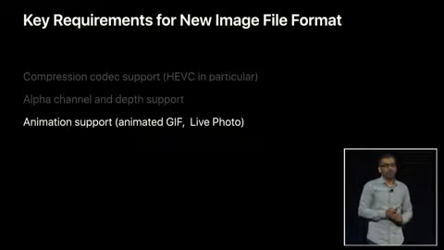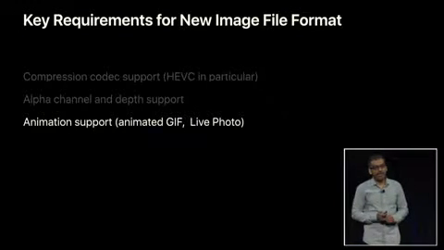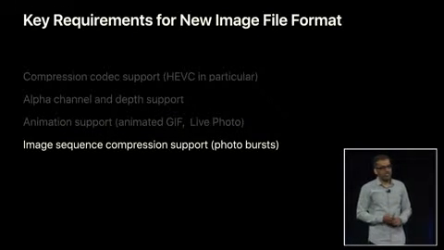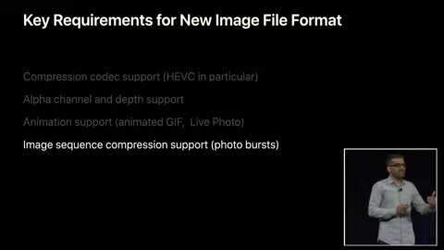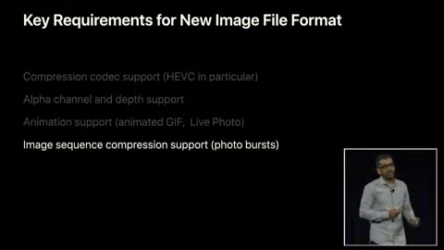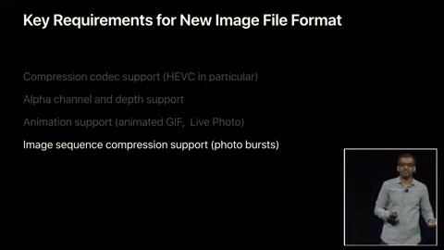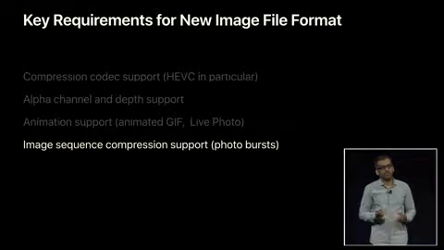We needed support for animation, with animated GIF and Live Photo. In addition to just still image support, we wanted support for image sequences to be able to compress and represent those in a file format, such as what happens when you're dealing with bursts of photos.